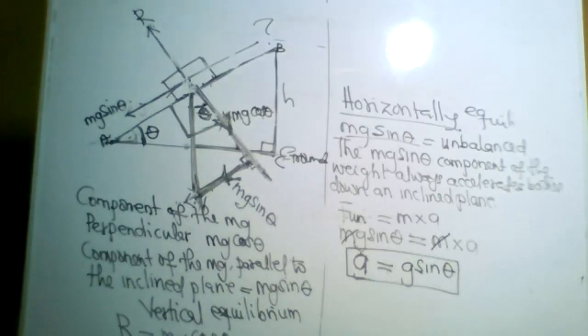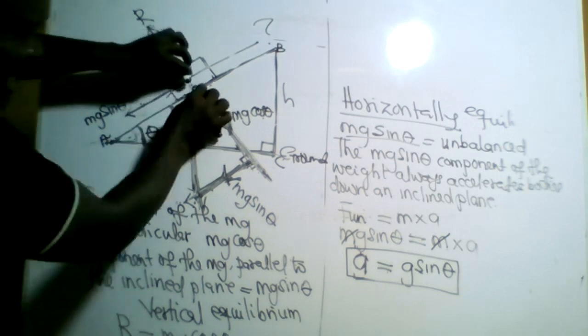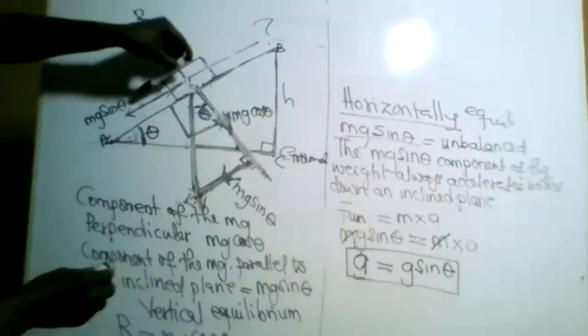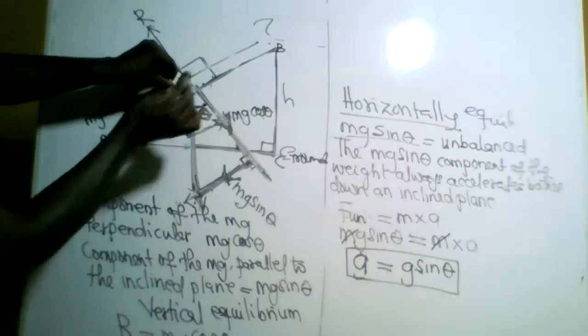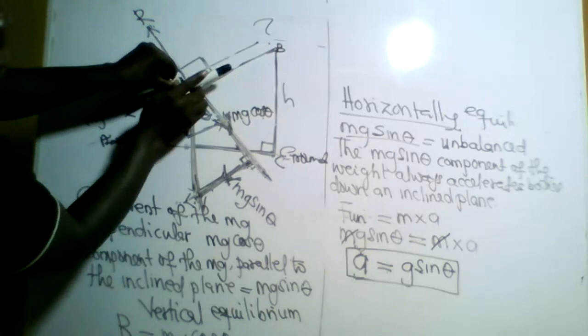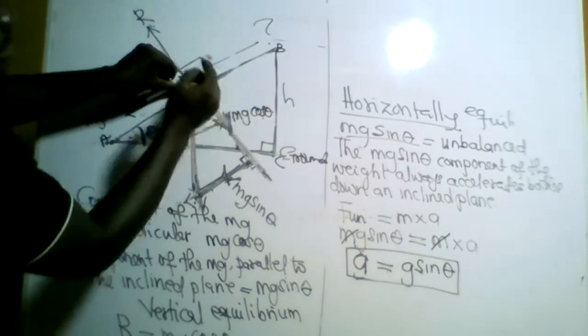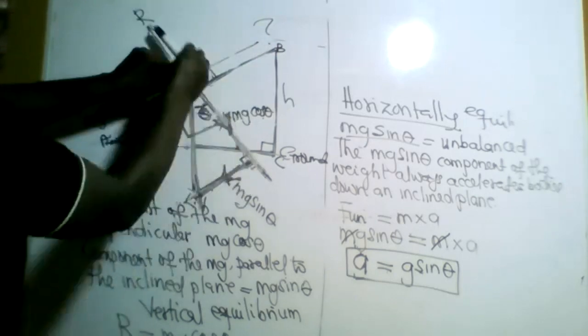Agree? Are you okay? Yes, vertically, please, these two are balanced. Now come to look at the horizontal. But there is no other force at the opposite end. It's not like what we have vertically.